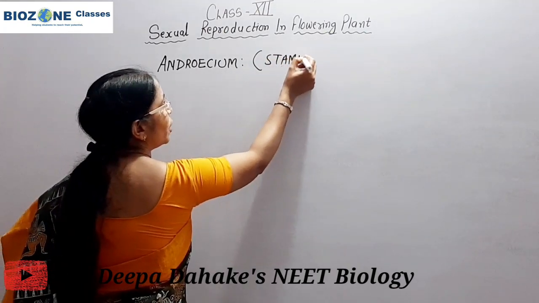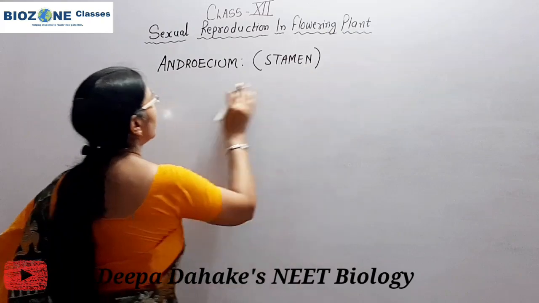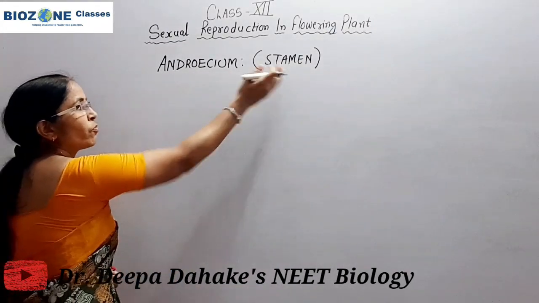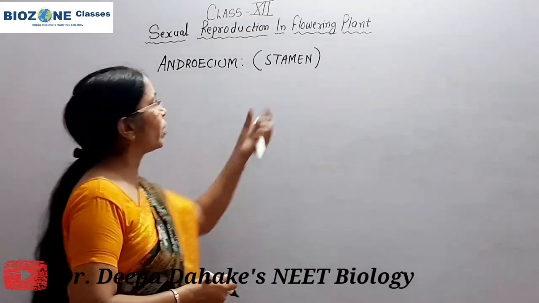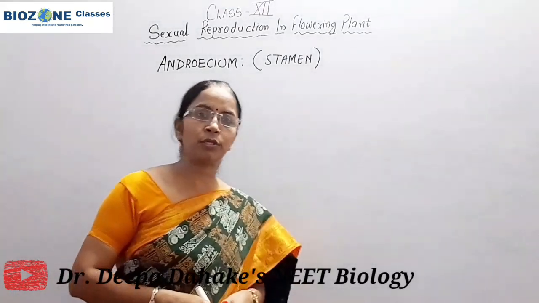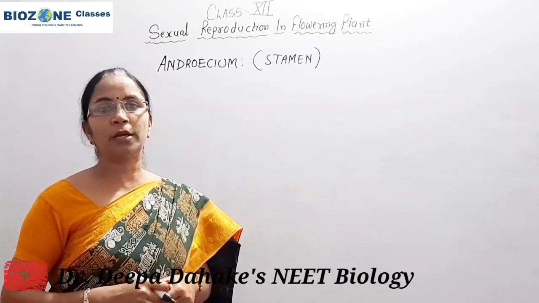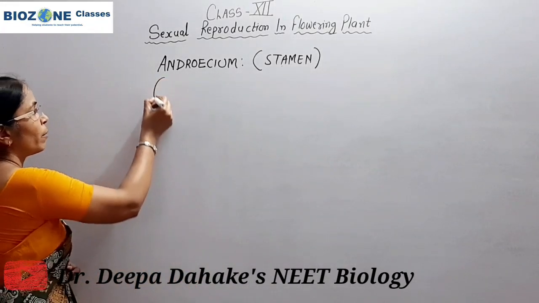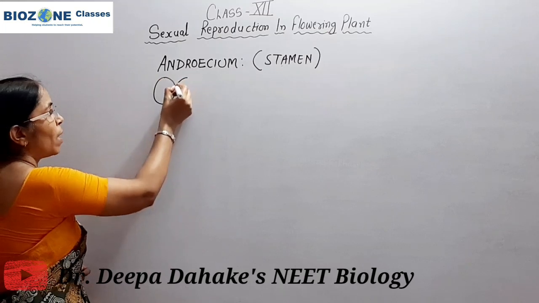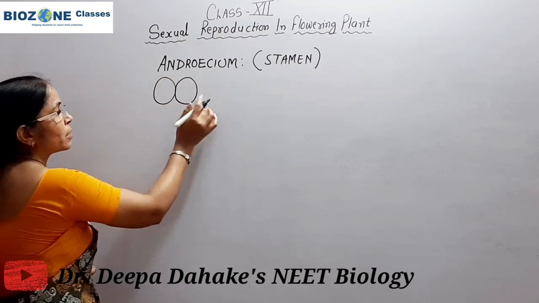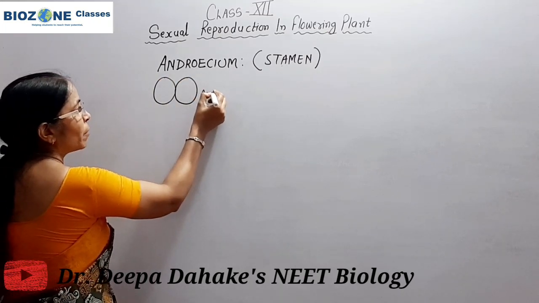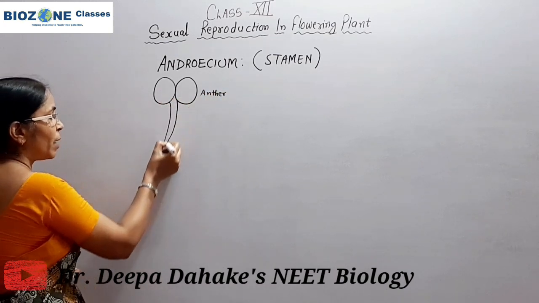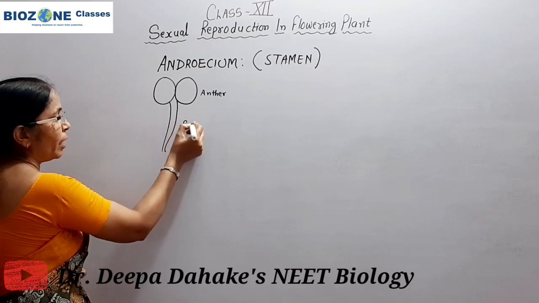The single unit of androecium, you remember, is called the stamen, and we begin with the stamen because when we individually study the stamen, we study the structure of androecium. Here you remember the stamen is made up of two parts: the upper part is called the anther and the slender part is called the filament.